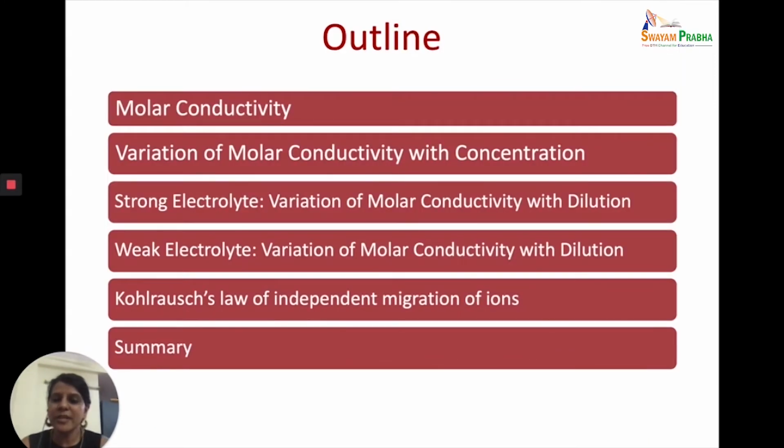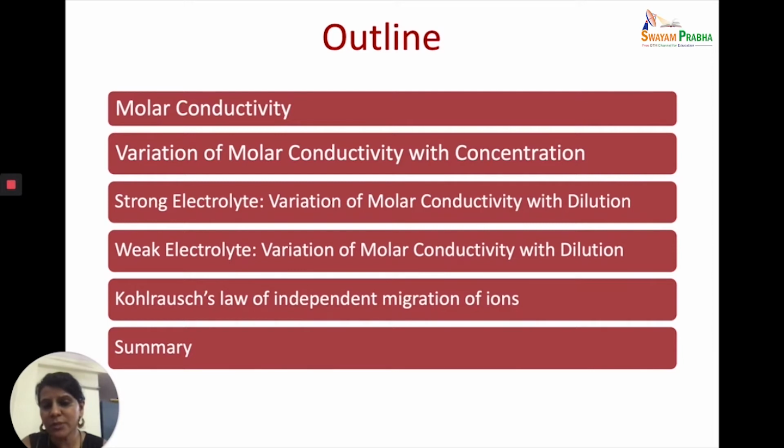Now, in the previous lecture, we looked at the various concepts which can be applied to electrolytic conductance. We looked at the various terms involved while studying electrolytic conductance: resistance, conductance, resistivity, conductivity. We also took a look at variation of conductivity with various factors like concentration, nature and temperature, followed by an introduction to molar conductivity.